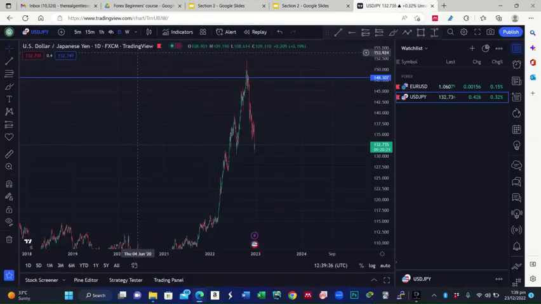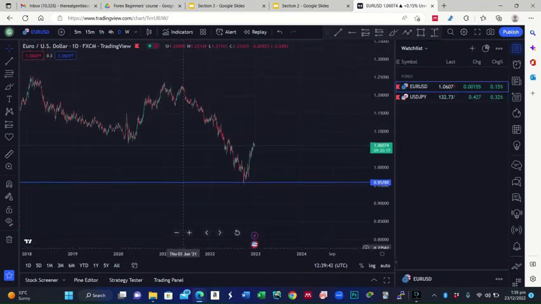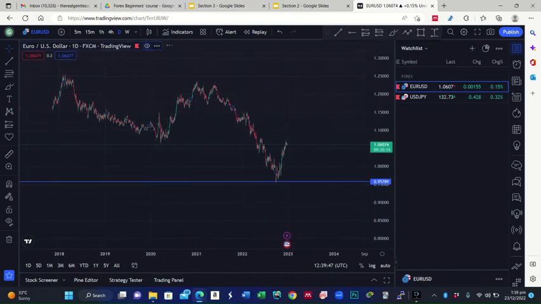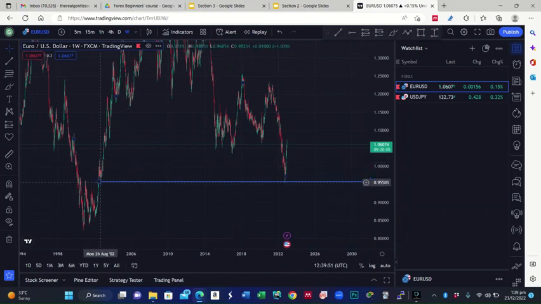So this is EUR/USD and USD/JPY. To explain some terms practically for you to see, in this pair, which is EUR/USD, from this previous bottom to this bottom, you can see there is a sharp reversal now. So it means we are now trending upward.